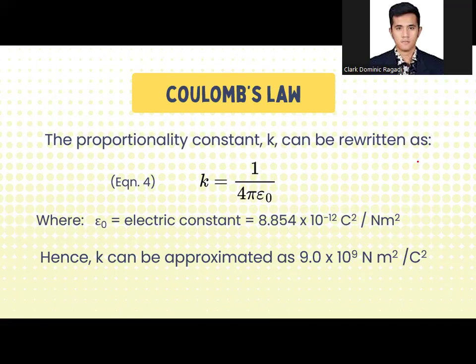So epsilon sub naught is equal to 8.854 times 10 to the power of negative 12 coulomb squared per newton meter squared. If you input this value, we can approximate K as 9.0 times 10 to the power of 9 newton meter squared per coulomb squared.